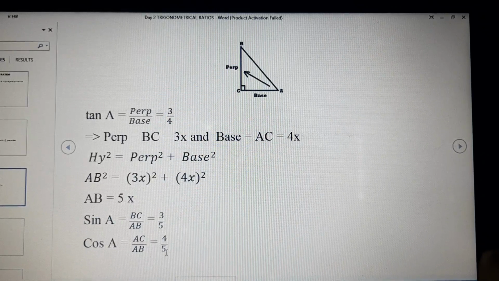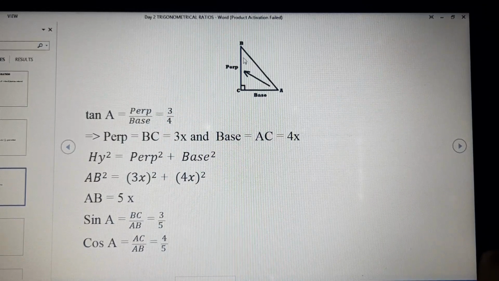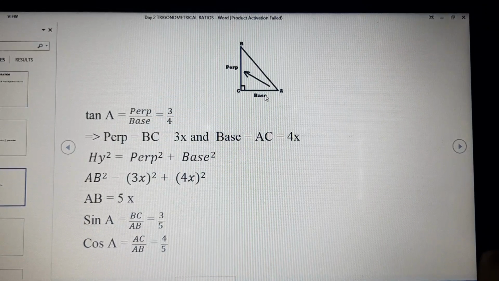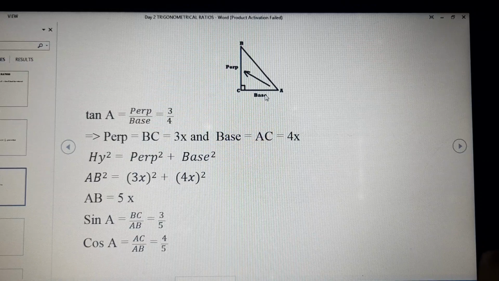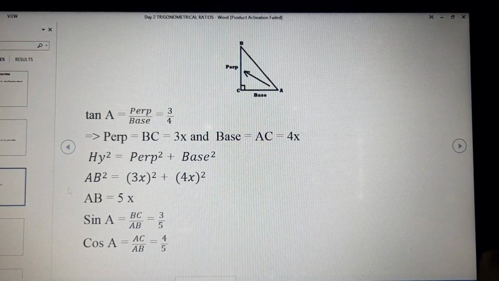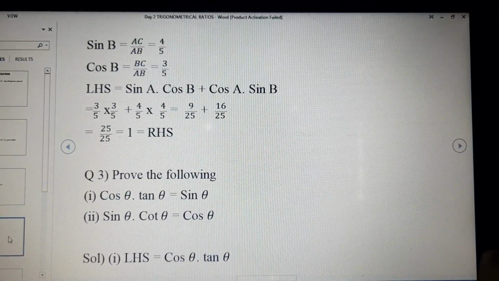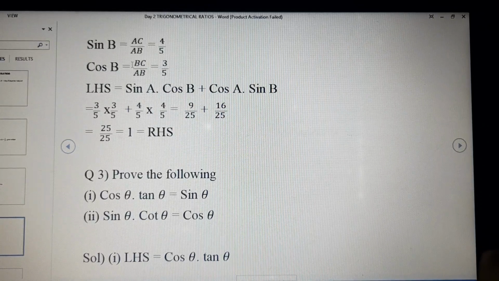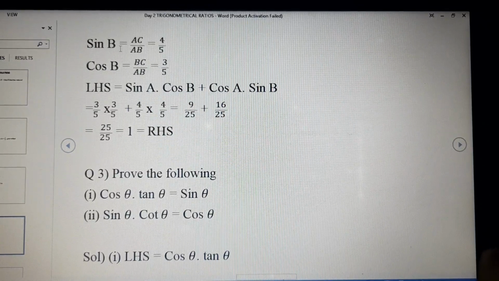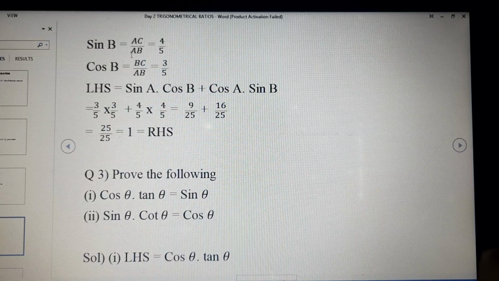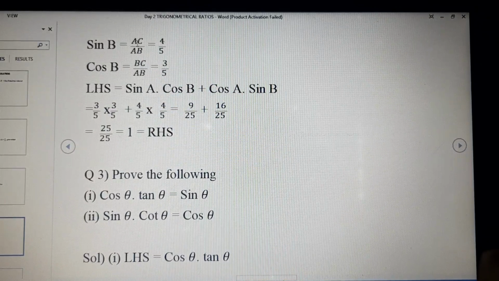Now we will move on to angle B. According to angle B, AC will be perpendicular and BC will become base. Sin B definition is perpendicular upon hypotenuse. Perpendicular is AC.